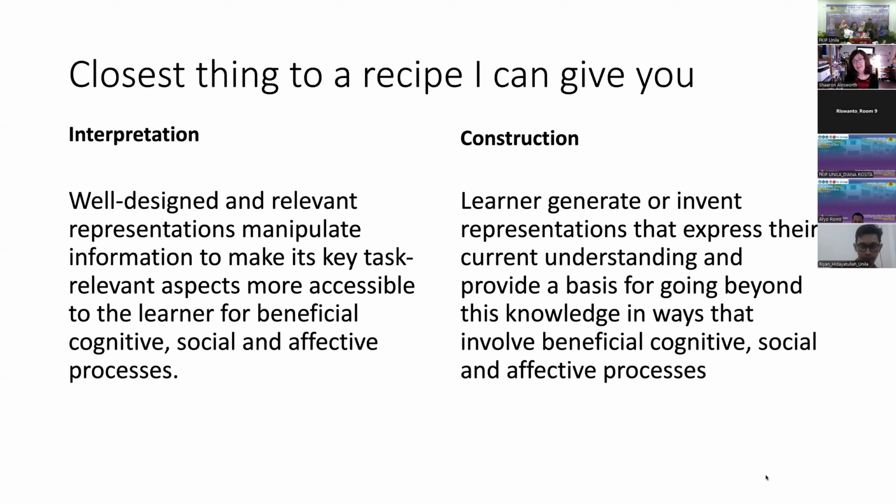And if we're asking learners to generate their own representations, to draw, to model, we should encourage them to invent a representation that expresses their understanding, but provides a basis for going beyond that. So I don't have a rule, but I have some principles about what I'm trying to do in these situations.